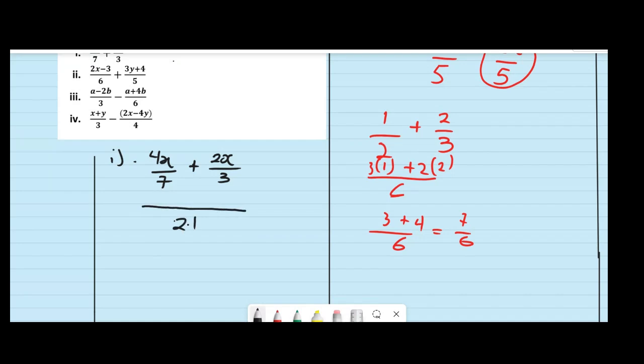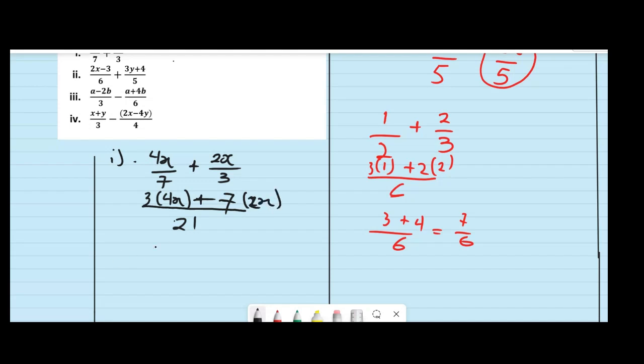7 goes into 21 3 times, and then we multiply this 3 by the numerator, so it's going to be 3 times 4x. You have to see that the numerator is 4x. And then plus, we come to the next one. 3 goes into 21 7 times, so you have to multiply 7 by the numerator, which is 2x.